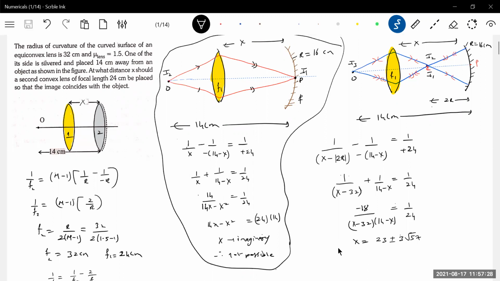Yashovardhan, we have some answer, Gayatri gave. I think root 57.